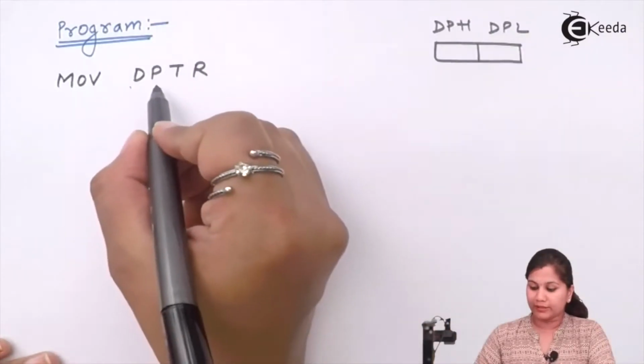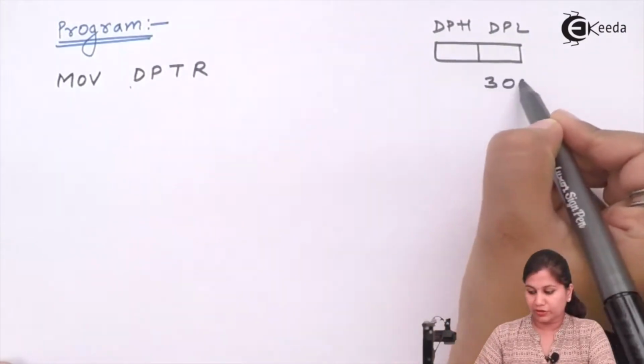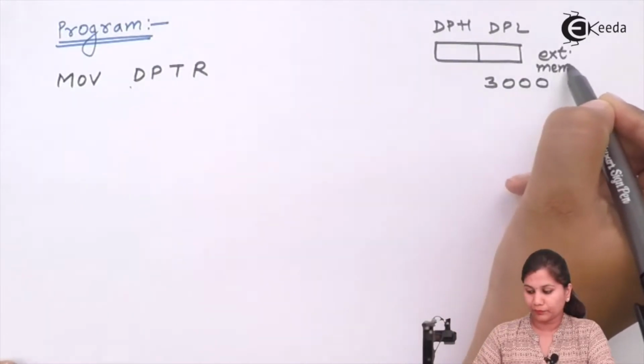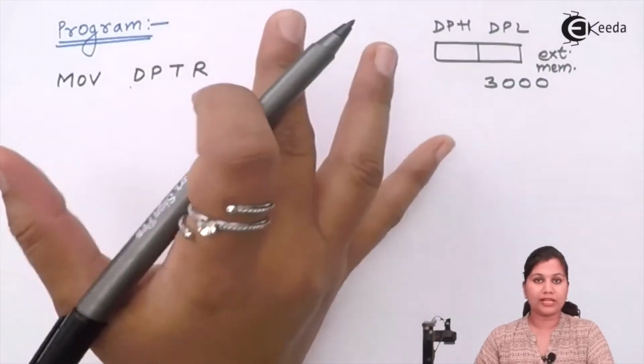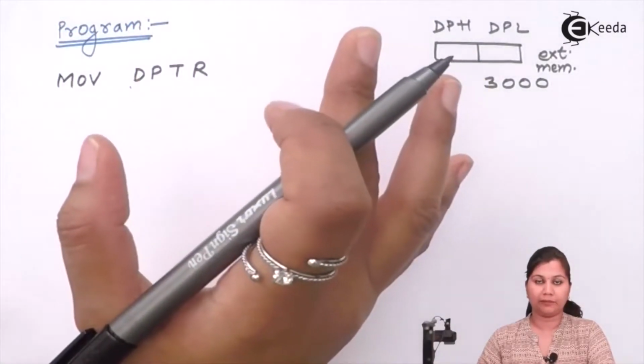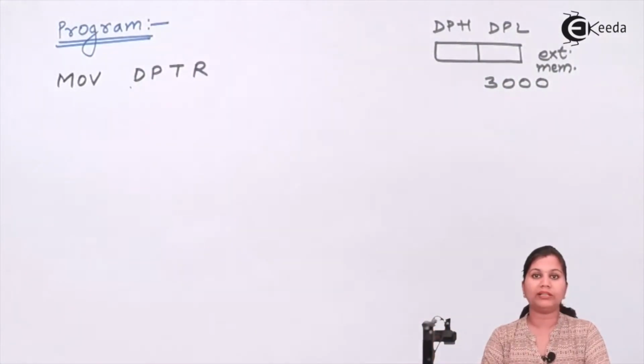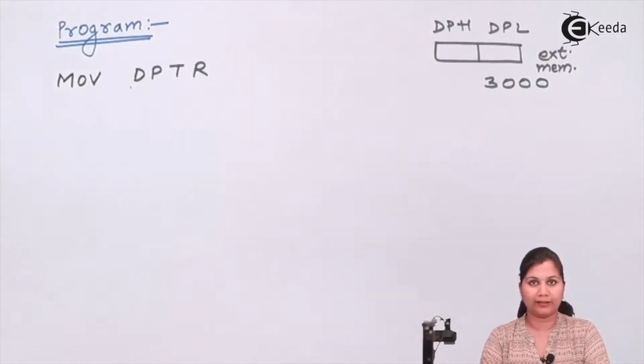Because this 3000 address is in the external memory, we cannot directly access the external memory data. We have to bring that data into the internal memory, then only we can do the operations on that data.